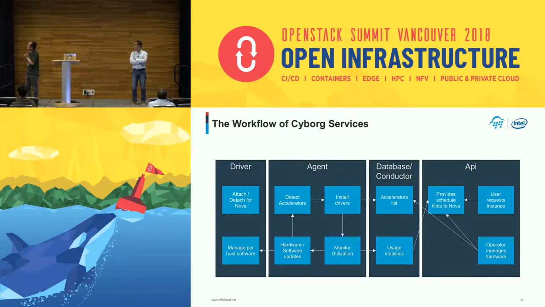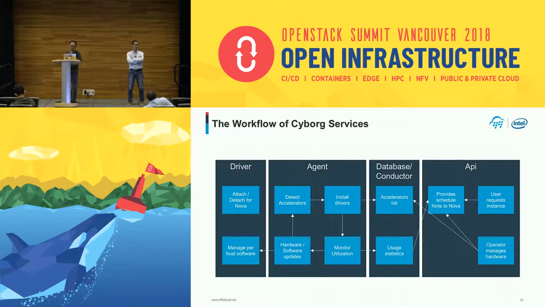This picture is going to talk about the workflow of Cyborg services. It's similar to the previous slide, but the viewpoint is a little different. The most valuable information from this page is the workflow.